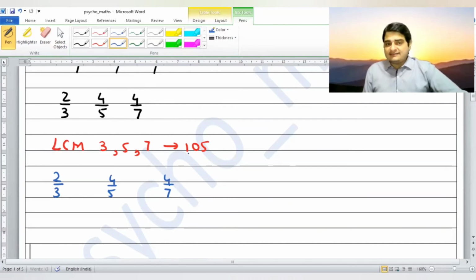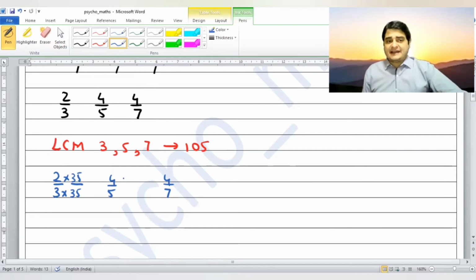So see, 105. We are supposed to check which number is to be multiplied. 105 divided by 3 is what? 35. So we need to multiply by 35. But if you multiply only the denominator, the fraction changes. So multiply and divide the first fraction by 35.